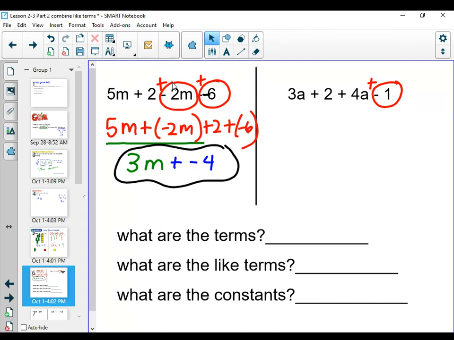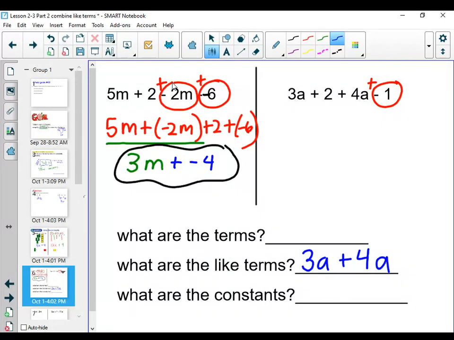The one on the right. What are the like terms? 3a plus 4a. You have an alligator zoo. You own 3 alligators. Someone would like to donate 4 alligators to your zoo. You now have 7 alligators.